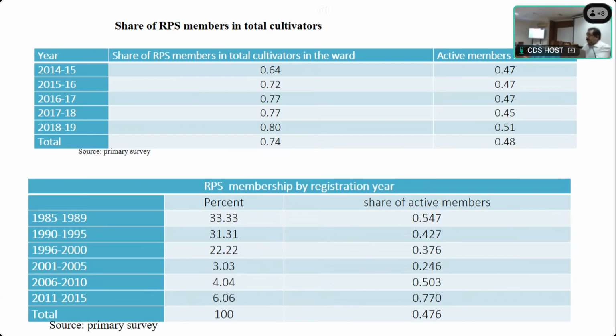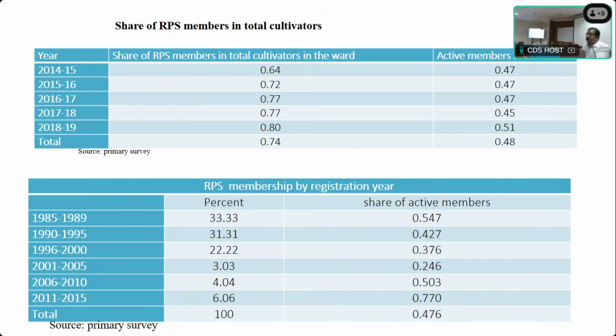Now, as the Chairman had said, this is mainly because of the RPIS scheme, the Rubber Producer Incentive Scheme, that was introduced by the Kerala government to subsidize or make up for the fall in rubber prices. This incentive scheme is implemented through the rubber producer societies, and that is why it attracts the rubber producers, the farmers, into the business.